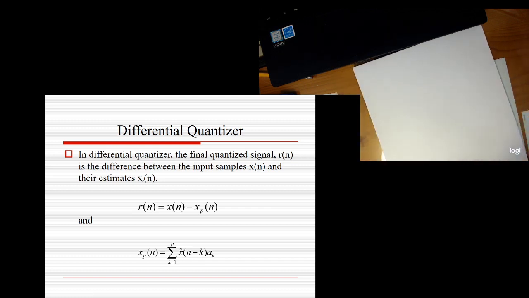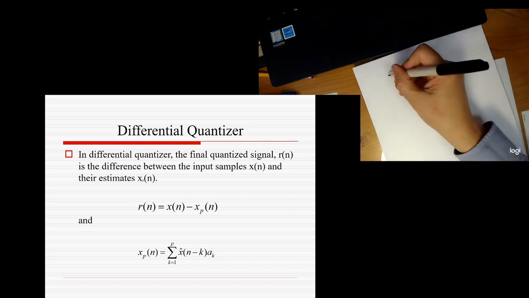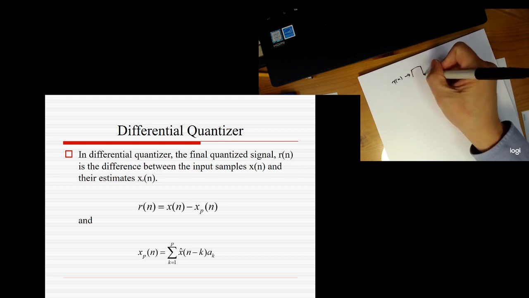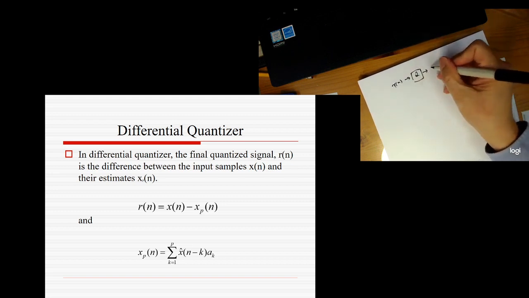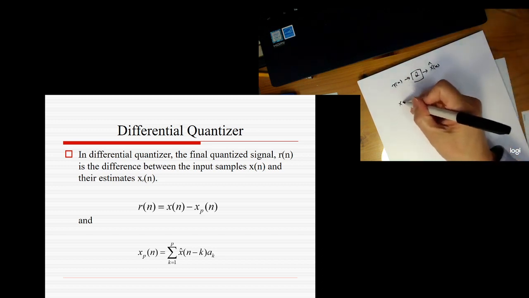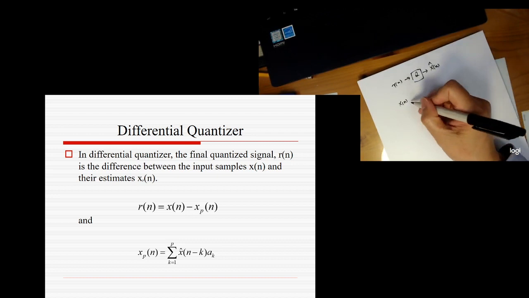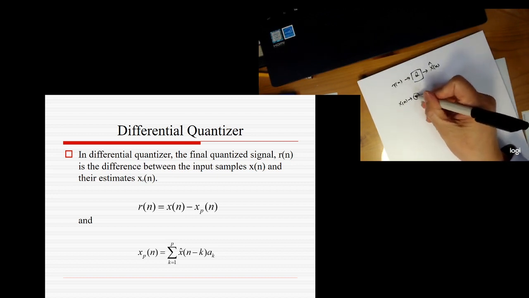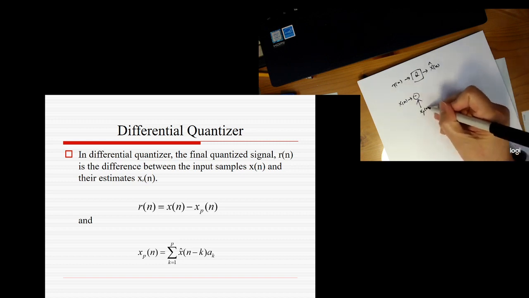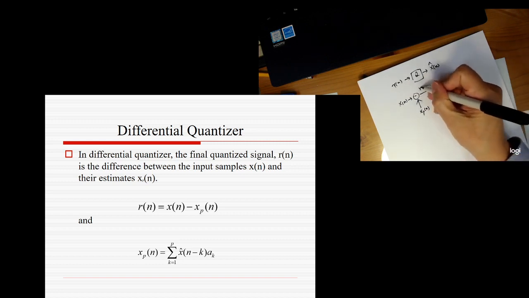So you have to know S of n. If we quantize, we can get S hat of n. Before we quantize, we subtract our prediction SP of n from S of n, and then we get R of n.